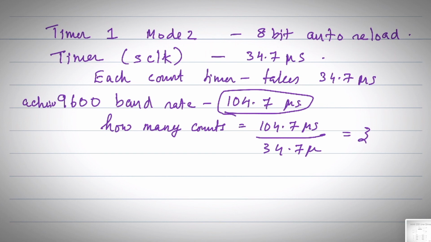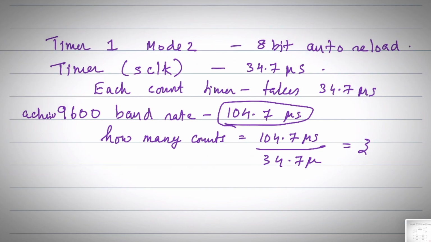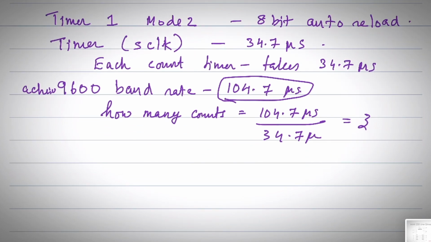That means we need to load a value. This is which timer and which mode? Timer 1 in 8-bit auto reload mode, right? So the calculation of the initial value to be loaded is what? FF is the maximum because 8-bit. FF minus the initial value plus 1 is equal to 3.